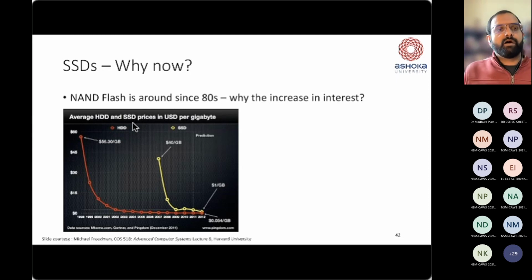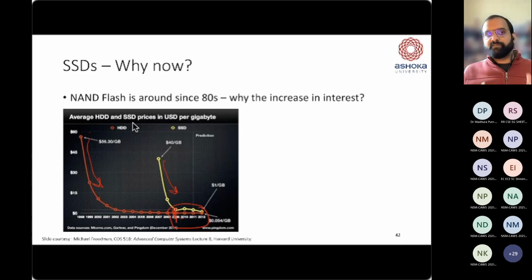If you look at how price per gigabyte has changed over time, this is the price per gigabyte of hard disk drives, the red curve, and the yellow curve is the price per gigabyte of SSDs. Only very recently, around 2009 and 2010, did they converge, because the volumes were large enough that manufacturers were okay charging a smaller margin per unit.